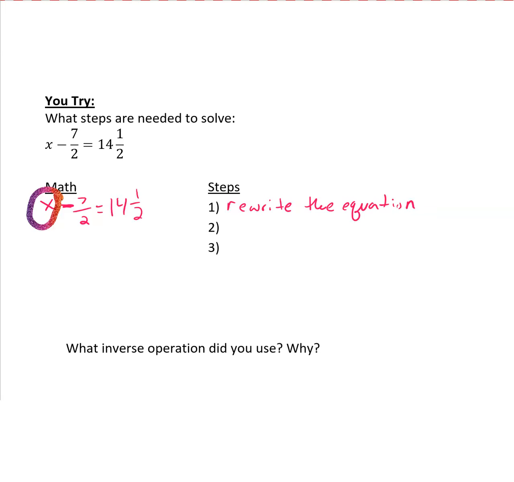So my first step is always to rewrite the equation. All right, next, what is the inverse? How can I make this equal to 0? Because I just want that x by itself.